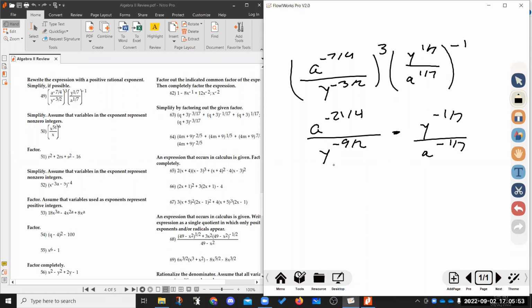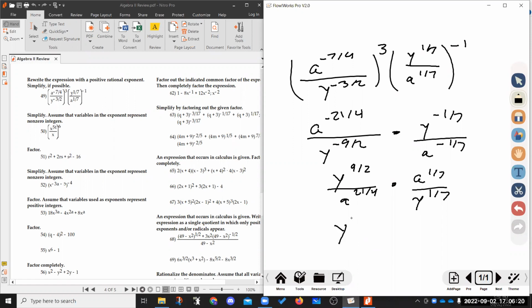So let's make positive exponents: y to the 9/2 over a to the 21 over 4 times a to the 1 over 7 for y to the 1 over 7. Let's get everything to have a denominator of 28 in the rational exponents here.